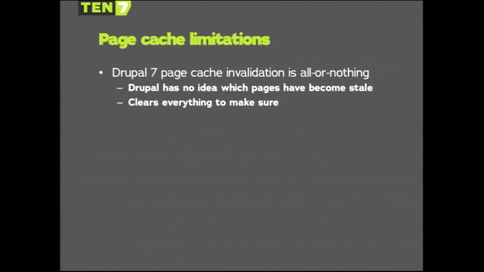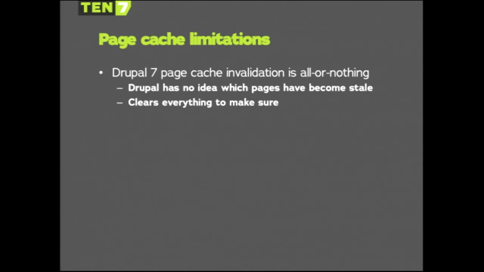You might have a news content type, and if you were to update the body of a news page, obviously that news page itself needs to be cleared. But you might be using that news content type in several different ways. It might be collected into a view on your front page, displaying snippets or teasers. It might be displaying in a sidebar on every blog post. Drupal has no idea where an individual node might be used, and so to cover itself, it just clears everything out of the cache.